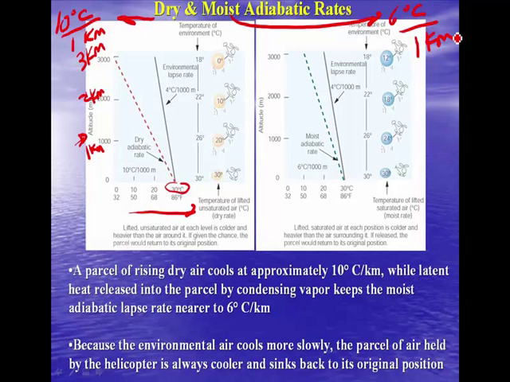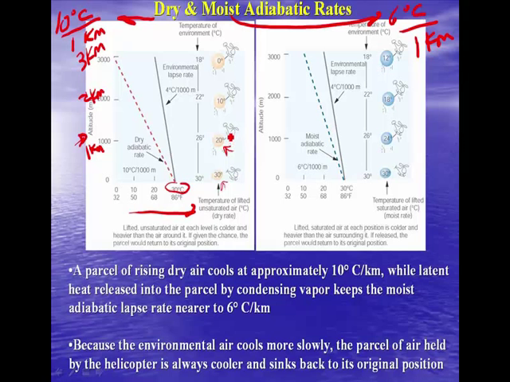Now, what we're looking at here, this helicopter, represents a piece of air in the atmosphere, the artist's rendition here. And notice the temperature of the air parcel at the surface is 30 degrees. As we go up 1 kilometer, the temperature of the air parcel, since it's dry, changes by 10 degrees Celsius per every kilometer.